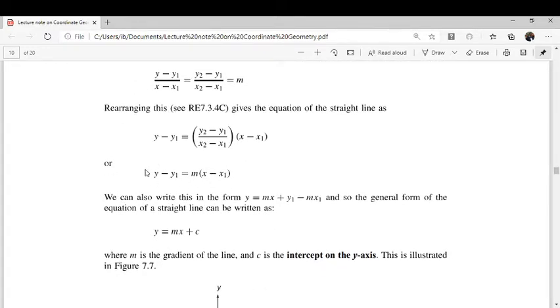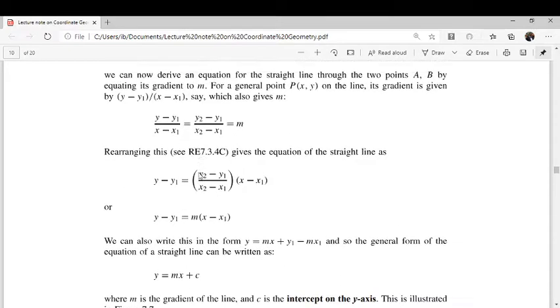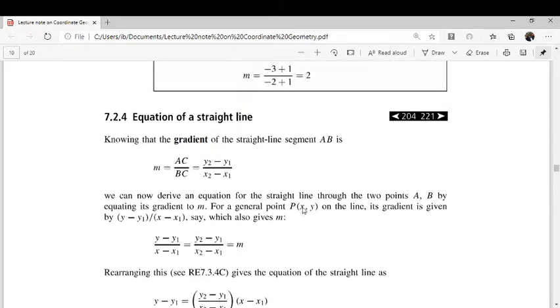This is the equation. We write it this way, or we write it this way. So I can decide to say y minus y1 equals m, the gradient, into s minus s1. This is the formula of the equation of a straight line at point P(s1, y1).